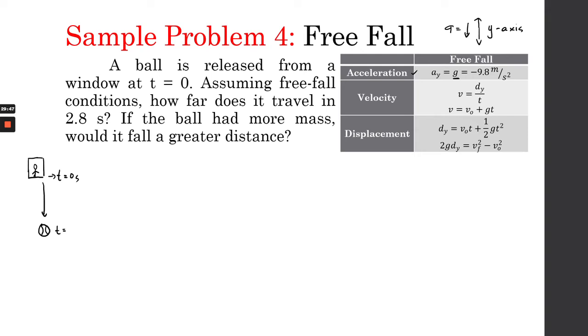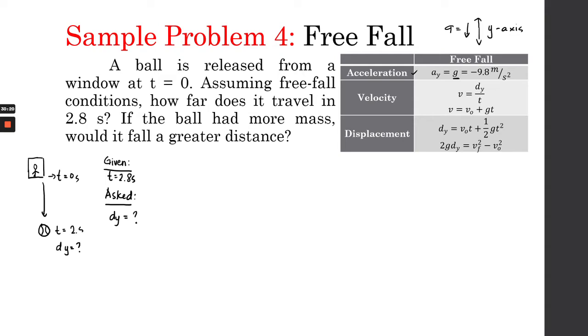At t equals 2.8 seconds, they're basically asking how far did it travel. So let's write our given. First we are given time is equal to 2.8 seconds, and what they're asking is distance.